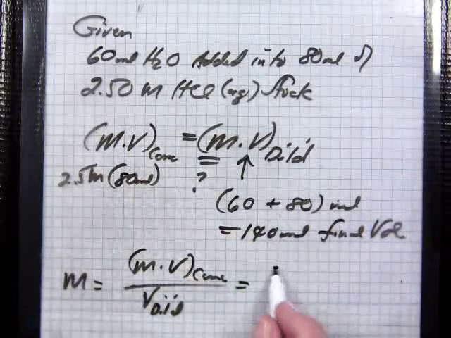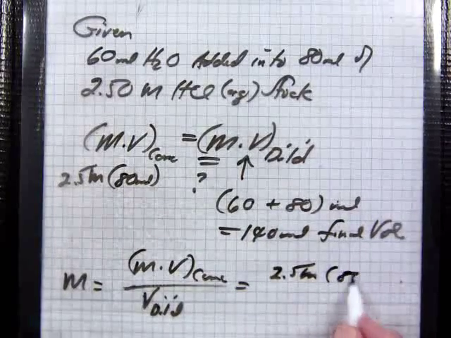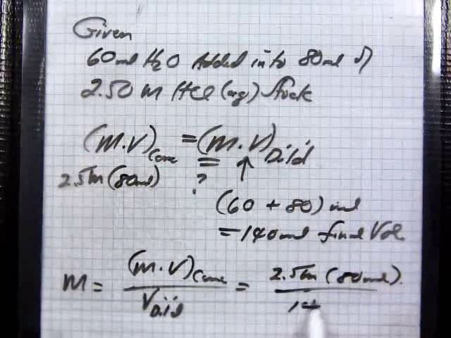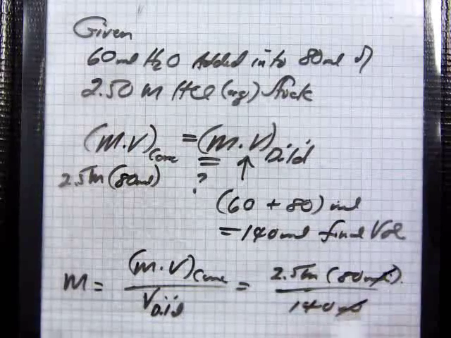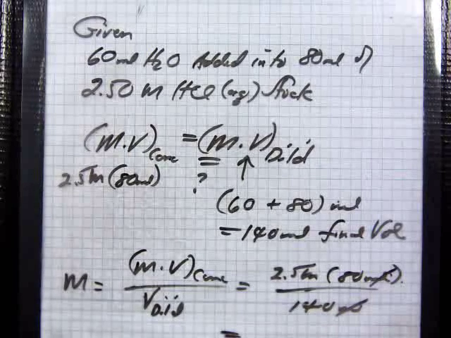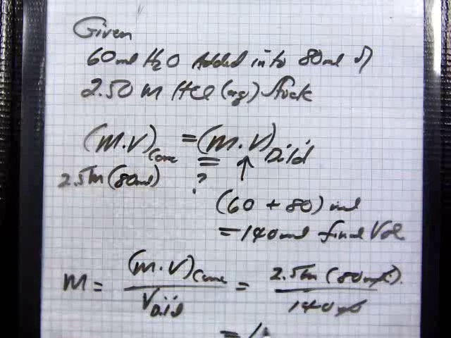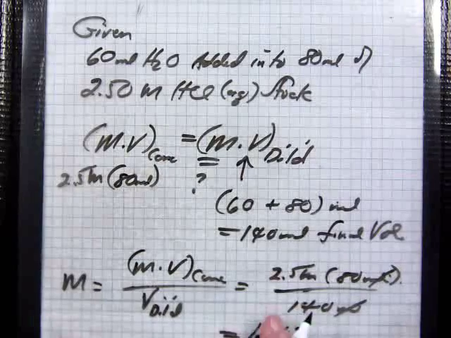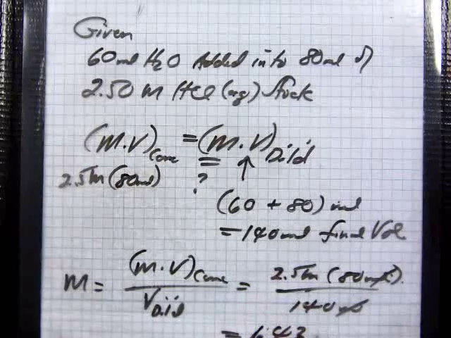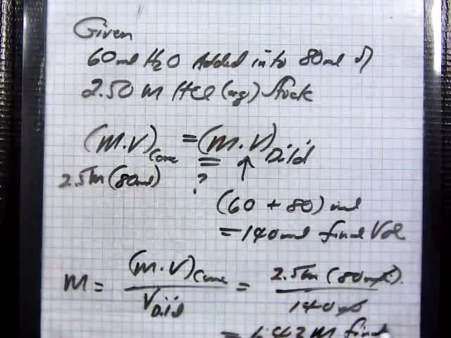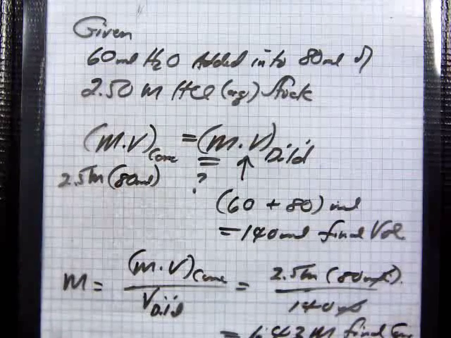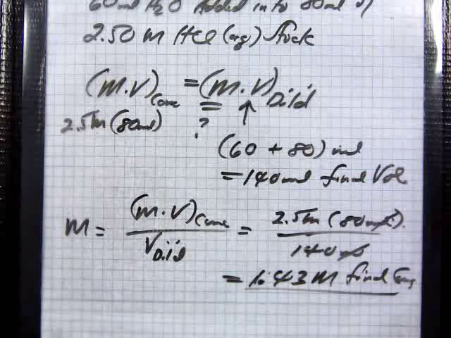So that is 2.5 molar times 80 mils over 140 mils. Mils drop out. And so punching that in will hopefully give 1.43. I'm going to check it. .43, yeah. So that gives you that final concentration, 1.43.